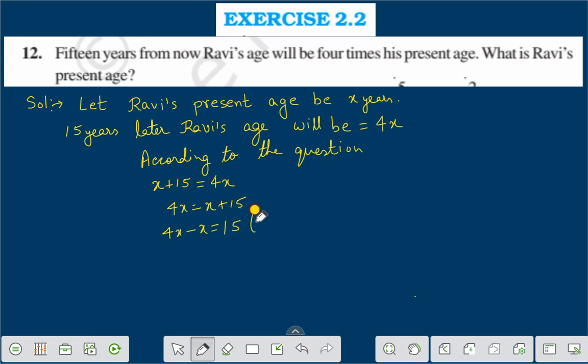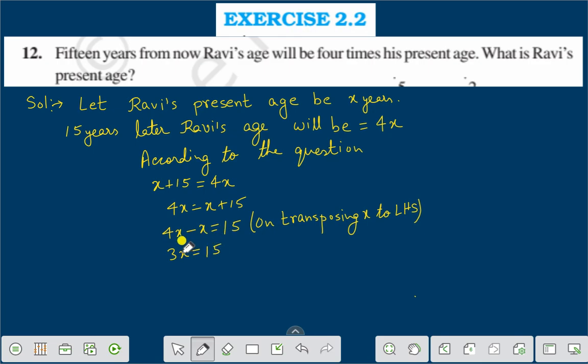That is, on transposing x to the left hand side, we are getting 3x is equal to 15.